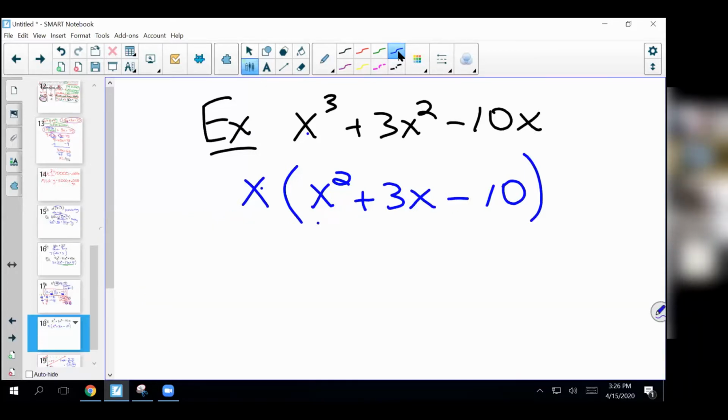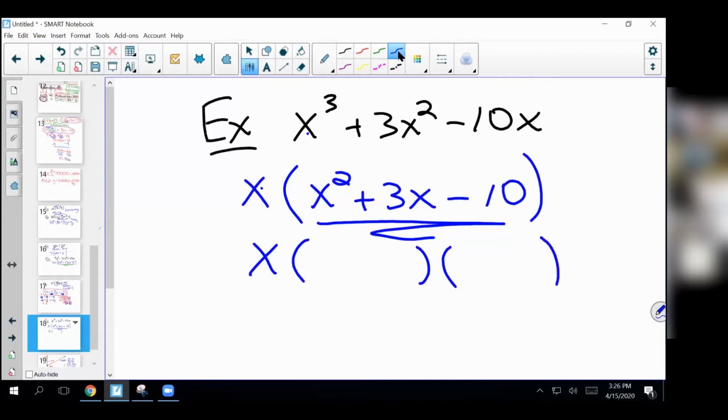I do want you to continue factoring, so let's continue factoring this, but that's a really great first step because it really simplifies the problem. Now we want to turn this into a FOIL situation because we recognize this as a quadratic with 3 terms that looks like it came from a FOIL. So x plus or minus something, x plus or minus something. What are those somethings?